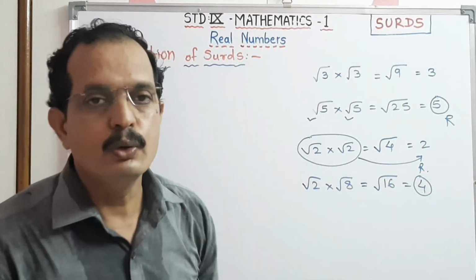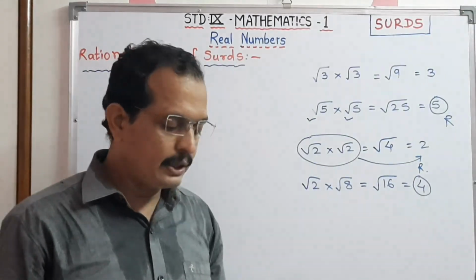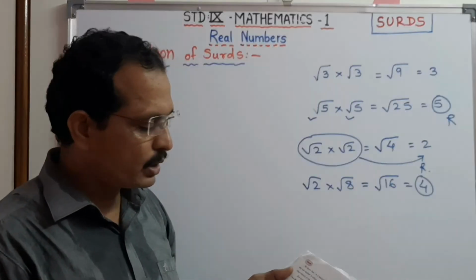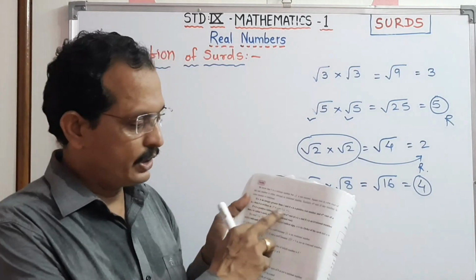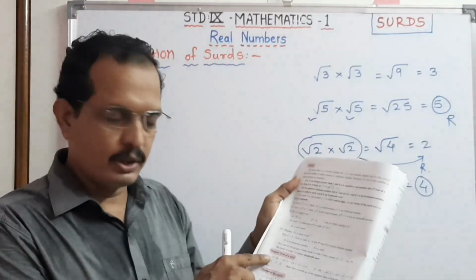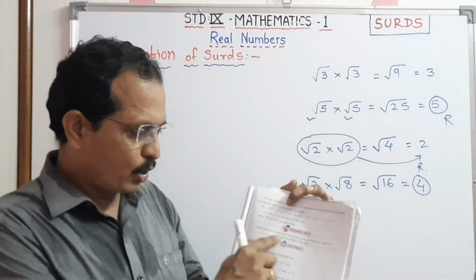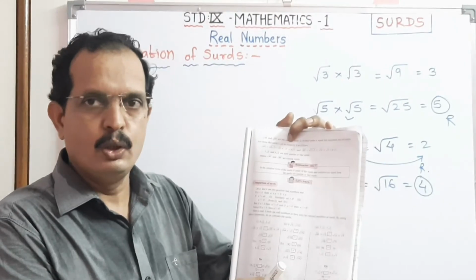Before that, you have to write all these things which are given in the book. See on page number 26, there is a definition about the surds. That definition you have to write in your notebook. Second, the simple form of the surds, then similar or like surds, and this box you have to write in your notebook.